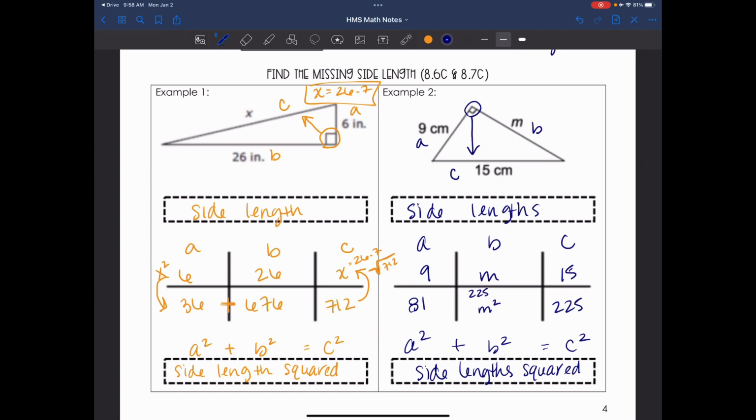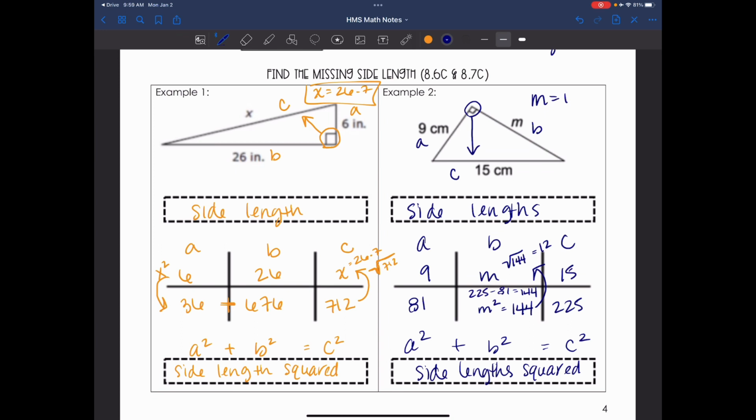So 225 minus 81 equals 144. Then I'm going to take that 144 and find the square root of it, which we know to be 12.